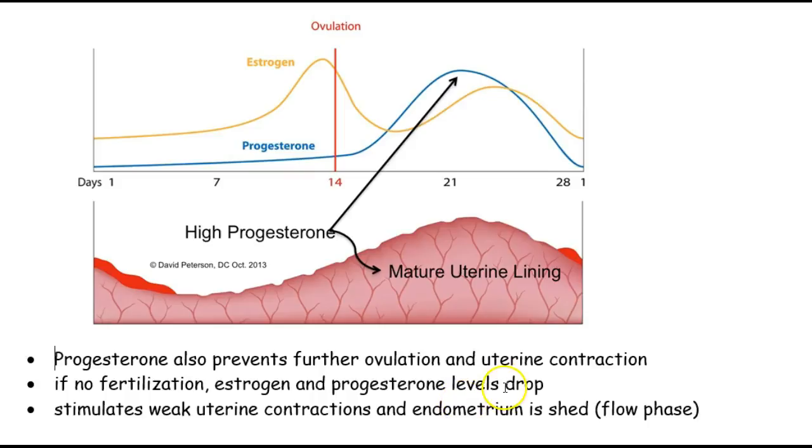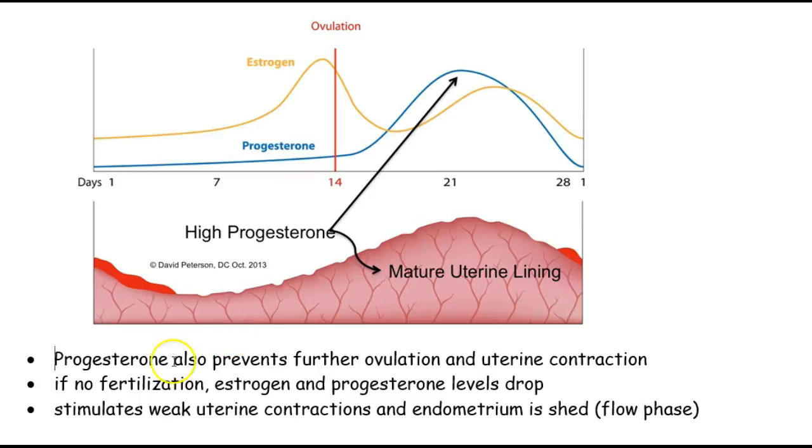We also don't want the uterus to contract if there's an egg that is fertilized because the whole point of the endometrium is to provide that nutrient base for that growing and developing zygote, right? So we don't want the uterus to contract and shed that endometrium lining because it's what's providing support to that fertilized egg.